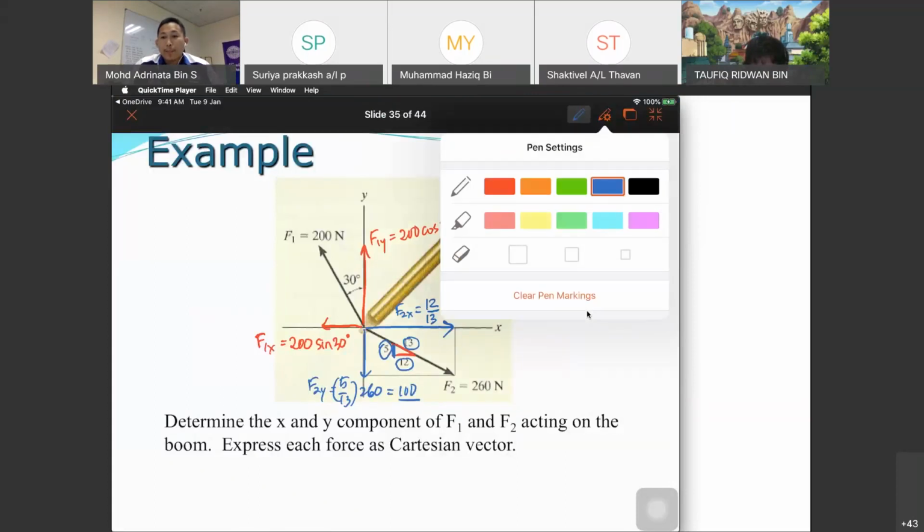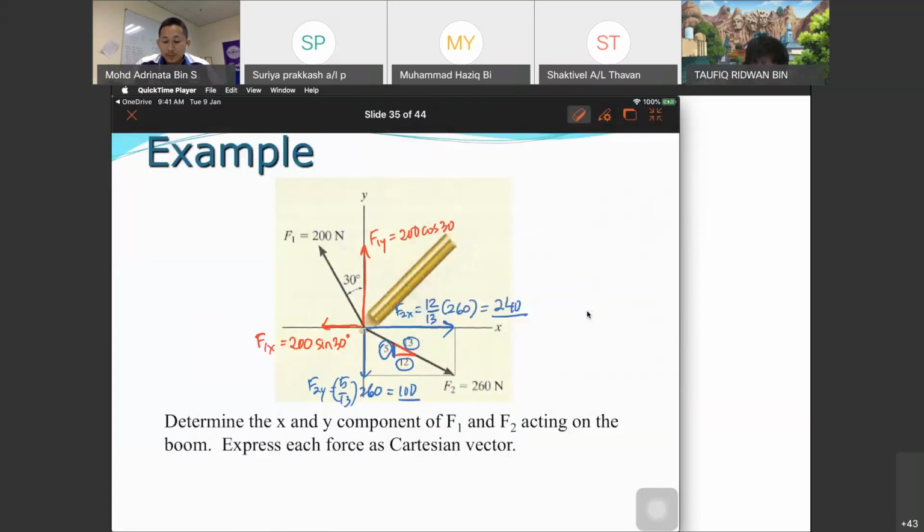This is actually mathematics. You have studied before in mathematics, but it is just a proportion. Okay, 5, 12, 13. How do you get your h?